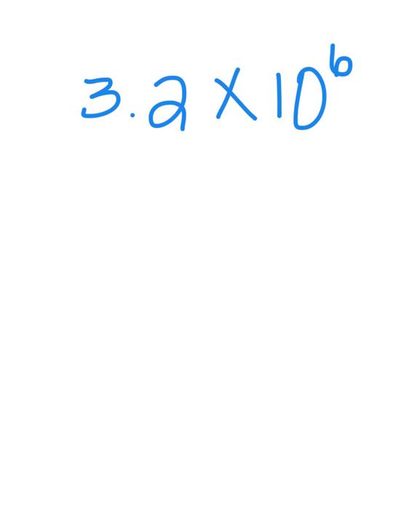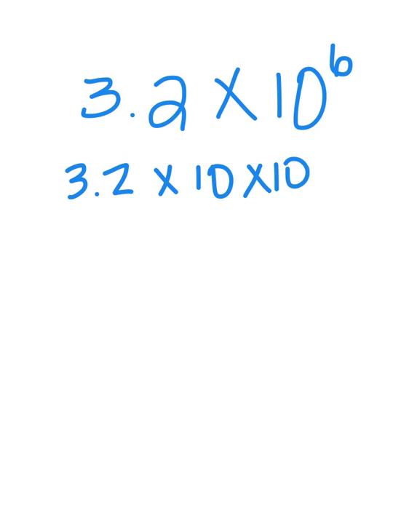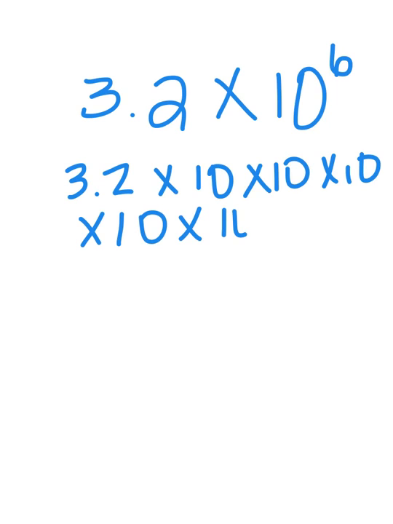Let's suppose we were looking at the problem 3.2 times 10 to the 6th power. If we wrote it out, we would write it as 3.2 times 10 times 10 times 10 times 10 times 10 times 10.